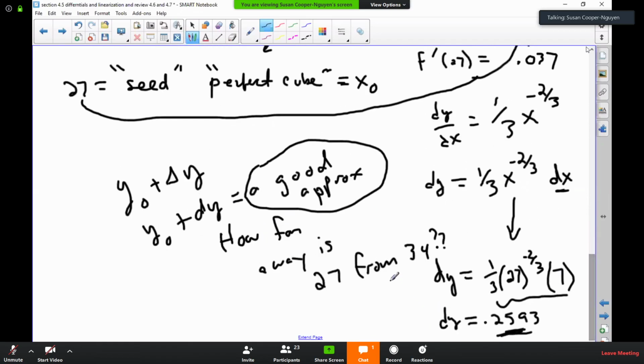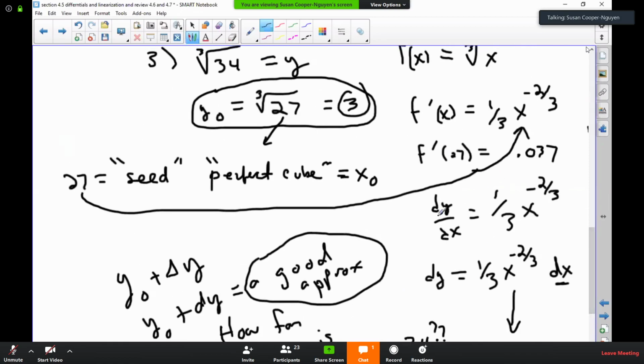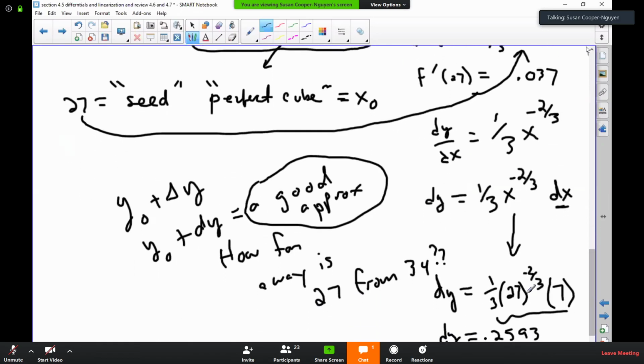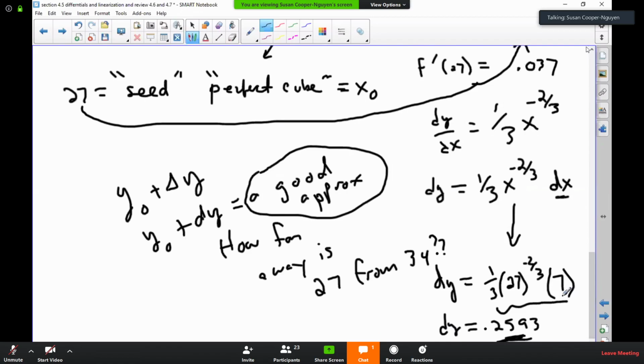The easiest way I can say that is I'll get a good approximation for that cube root. So again, if you're a recipe kind of person, all I did was I took the derivative of the function. It's like I swung the dx up. I figured out how far away my perfect cube was, my initial guess, my perfect cube of 27. I figured out how far away that was from the number 34, which was 7 units.